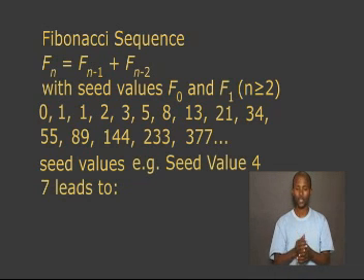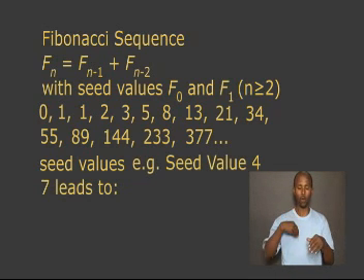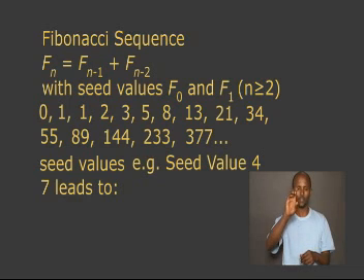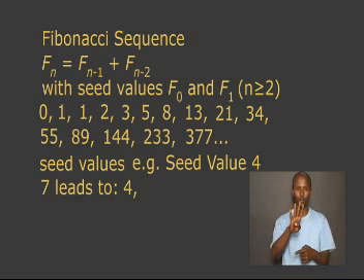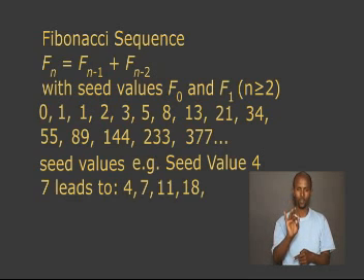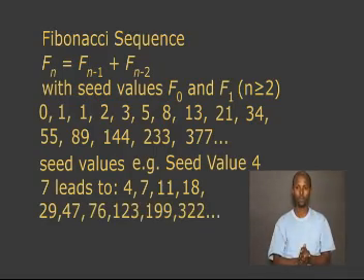For example, if we take our seed values to be 4 and 7, the sequence would go 4, 7, 11, 18, 29, 47, and so on. The Fibonacci sequence is very useful in real life.